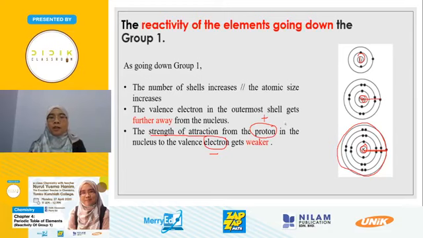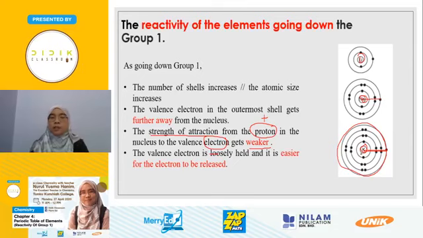So when the valence electron is further away from the nucleus, the strength of attraction will get weaker. Okay, sebab valence electron lebih jauh daripada nucleus, jadi strength of attraction tu akan jadi lebih lemah.